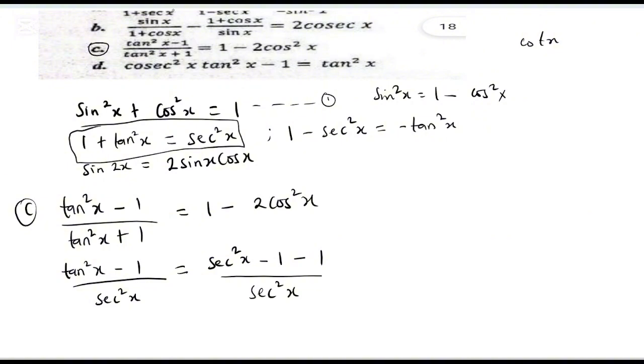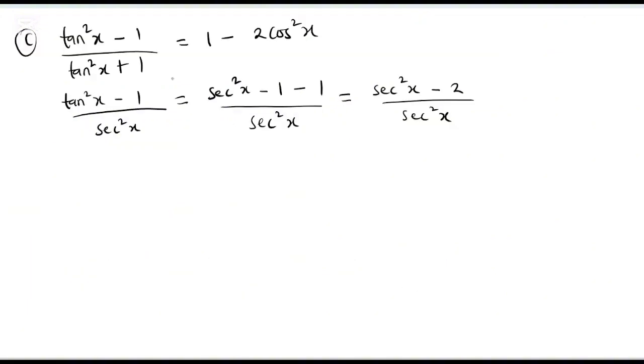So we have sec squared x minus 2 over sec squared x. The next thing I'm going to do is split this fraction. I'm going to write it as sec squared x over sec squared x minus 2 over sec squared x, right?